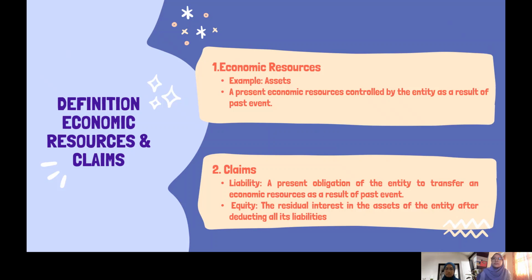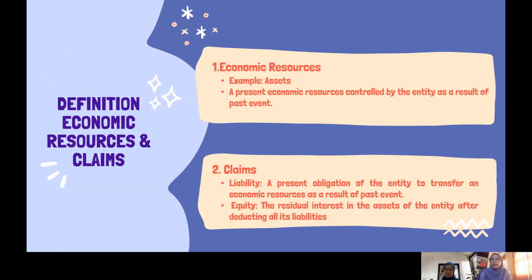Okay, this is the definition of an economic resource. It is an example of an asset: a present economic resource controlled by the entity as a result of past events. It is also an economic resource which has the right and the potential to produce economic benefits.